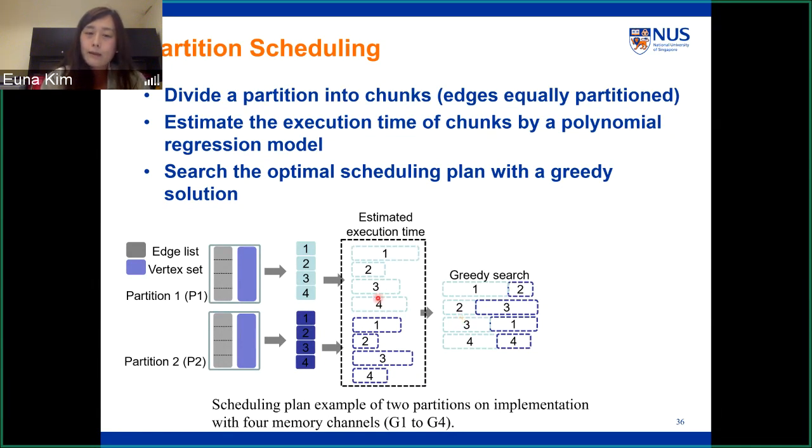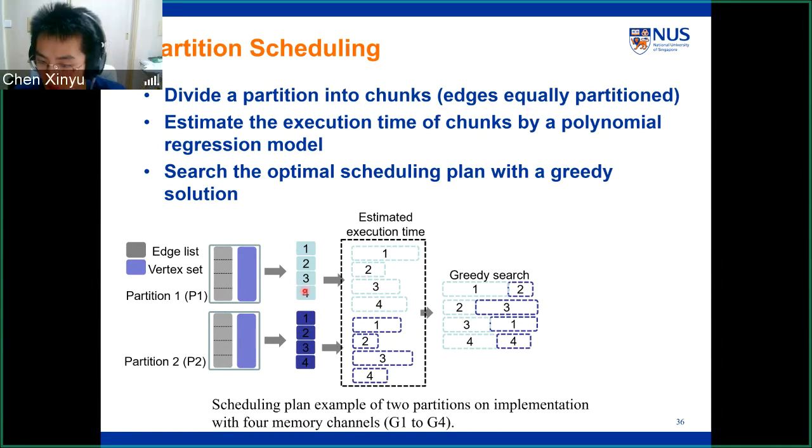You can see that we equally divide according to edges when we process one partition. But even when the edges are the same, the processing time is not the same because the access has some irregularity. So we still need a mechanism to balance them, with a global scheduling plan.